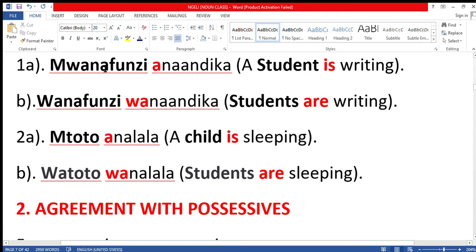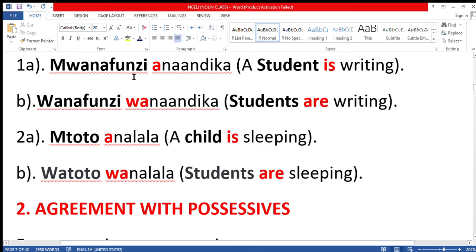So it agrees with a, which is the pronoun. We have two categories of pronouns. Like you can say mimi is me, yeye is him or her. So he is writing, but here instead of he, we just wrote mwanafunzi. We can say yeye anaandika. Yeye is he or she. But here the name is specific.